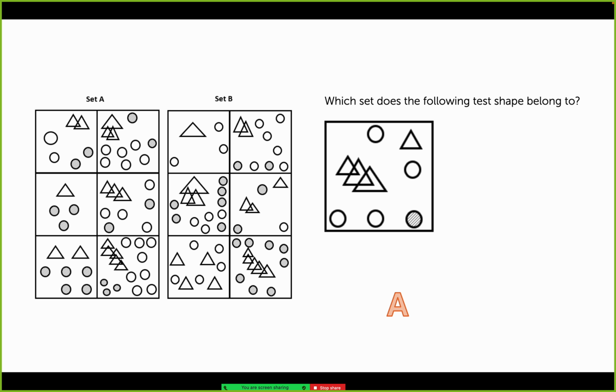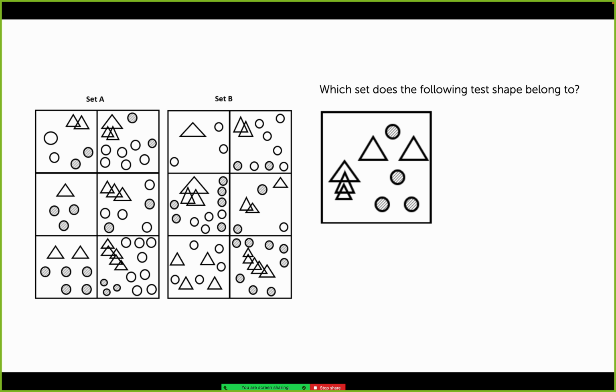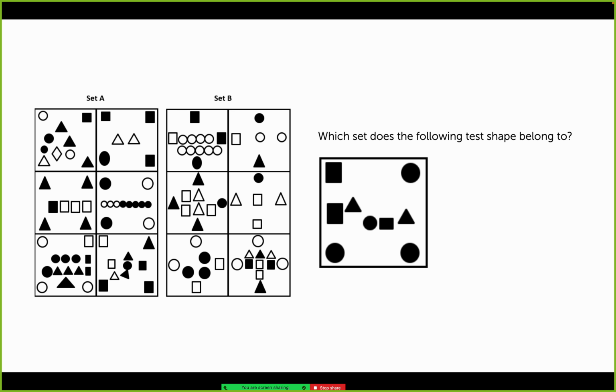But once you find out, for all the subsequent 4 or 5 questions, you will be finishing off in 5 seconds. Okay, go for this. Set B. Fantastic. So it's 4 intersections and 4 shaded circles. Got it? Yeah, go for this.